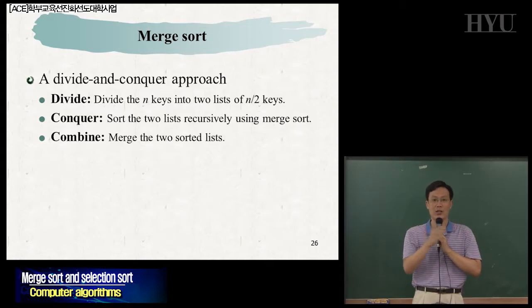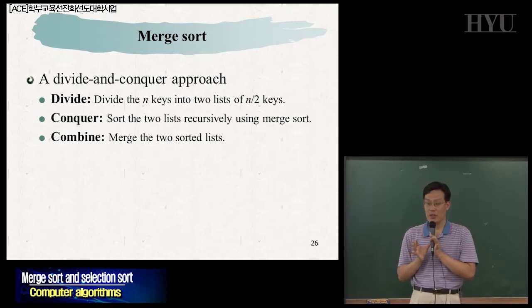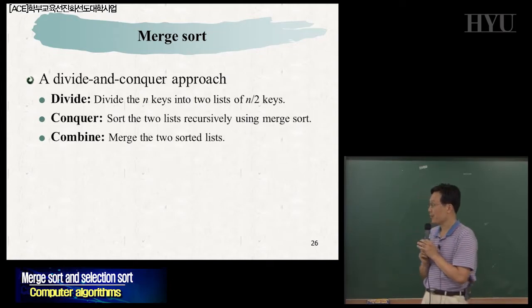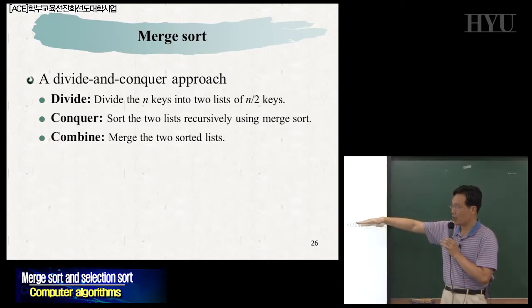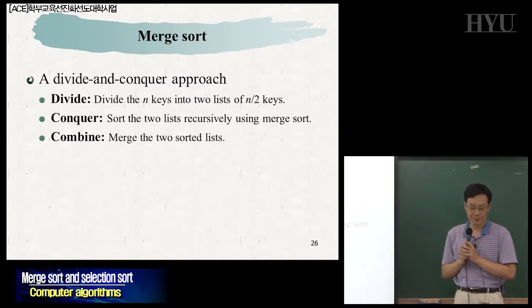And then sort each list recursively using merge sort. And finally, we merge the 2 sorted lists. Remember these 3 steps: divide, conquer, and combine.